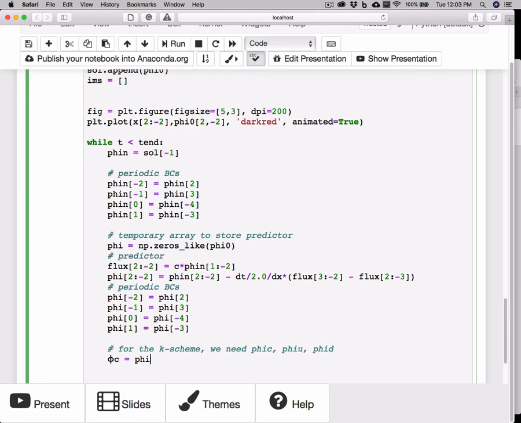We're going to start with this face, and we're going to take all the upwind cells all the way to this guy. So we need this subset from 1 to this guy, which is minus 2. So I'm just going to define a subset of the array to make the manipulation easy. Okay? So phi c is phi from 1 to minus 2, right?